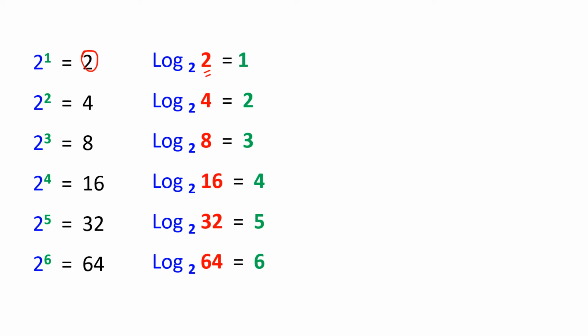If we had 64 at the bottom, log to the base 2 of 64 would give us 6. So it's saying 2 to the power 6 is equal to 64. So we can see there is a bit of a range here from 2 up to 64. We could convert these to log numbers. So log to the base 2 of 2 is 1. Log to the base 2 of 64 is 6. And then we could plot these numbers in green on our y-axis.